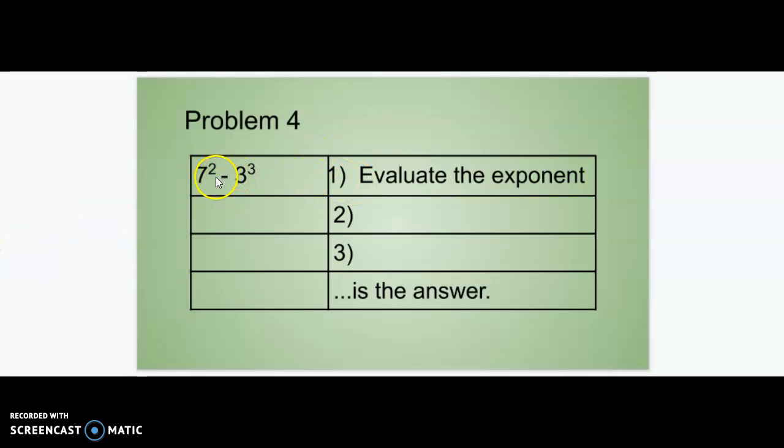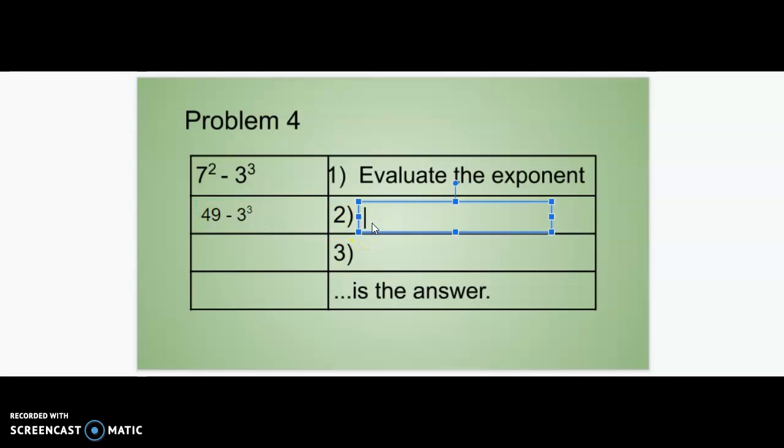Problem number 4. We have two exponents. 7 squared minus 3 to the third power. The first thing we've got to do is evaluate the exponent. 7 squared is 7 times 7, 49. Minus 3 to the third power.